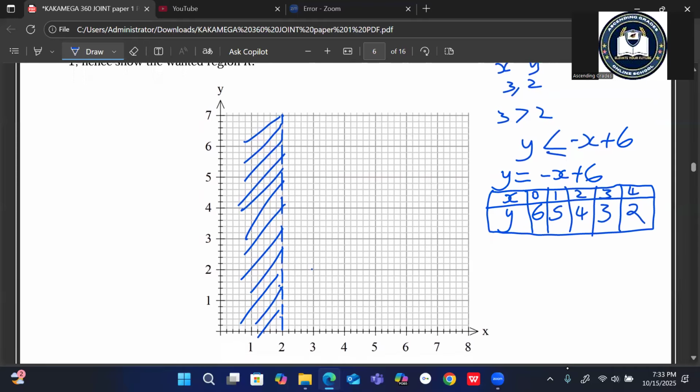So we plot it on our graph. We have 0, 6. 0, 6 is there. We have 1, 5. 1, 5 is there. We have 2, 4. 2, 4 is there. 3, 3 is there. We have 4, 2. 4, 2 is there.